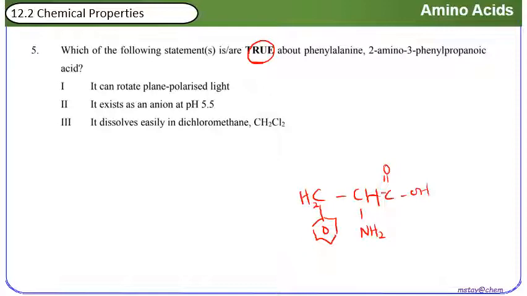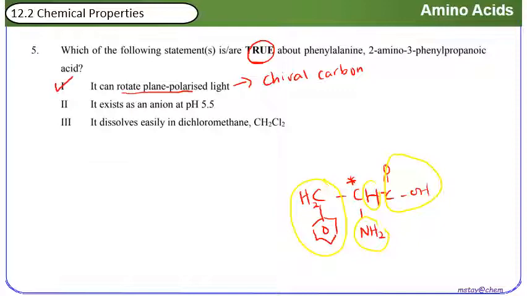So from here, it can rotate plane polarized light, means that they have a chiral carbon. So let's check the chiral carbon. Yes, this is the chiral carbon because it consists of 1 group, 2 group, 3 group, and the 4 group, which have the 4 different. So option 1 is correct.